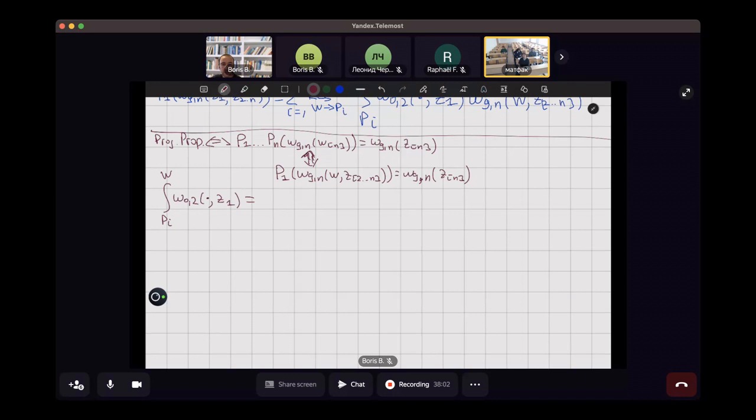So this p, let's say p bold, then I hope it's obvious that P1 means that this omega gn has, okay, no, it will not help in such a way.